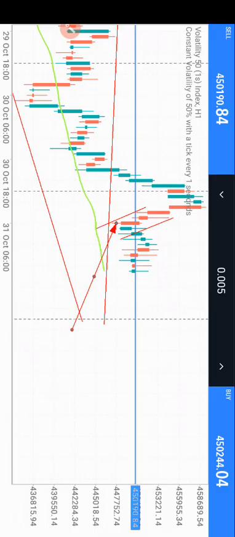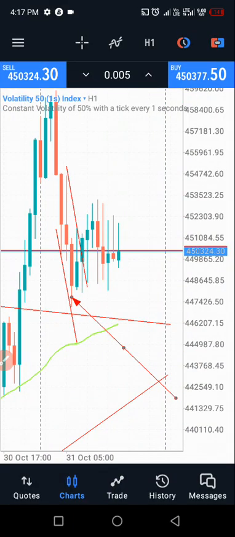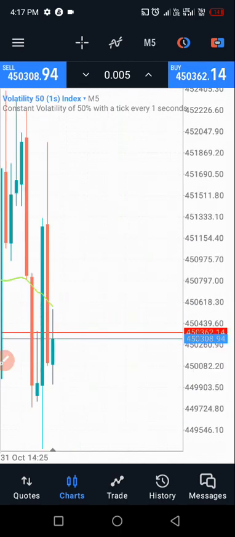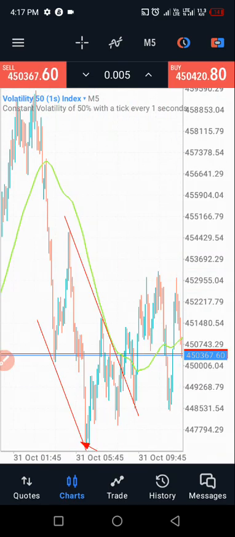All right, so I'm just going to change my screen back to portrait now, and then head down to the 5 minutes time frame. After the retest on this trend line here, let me go to the 5 minutes time frame now.